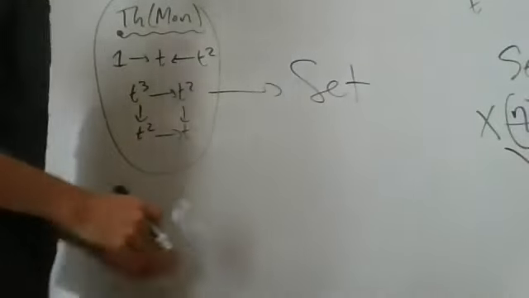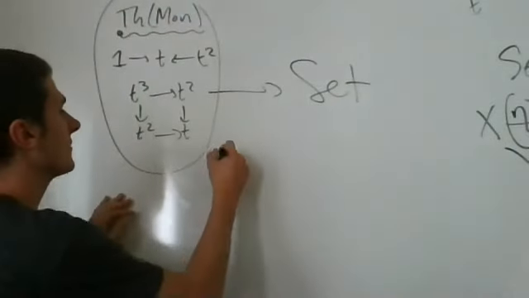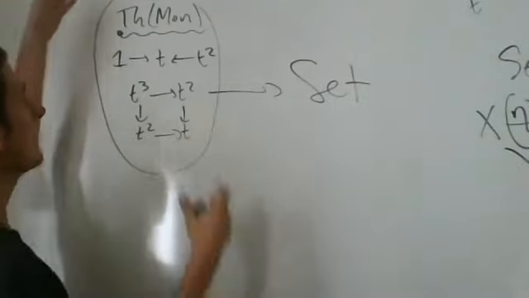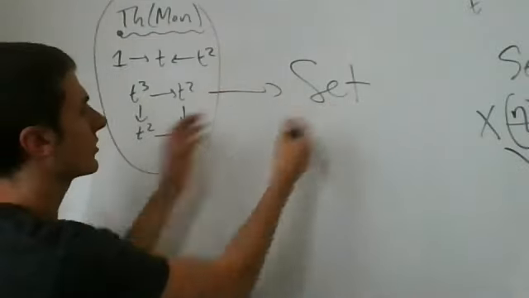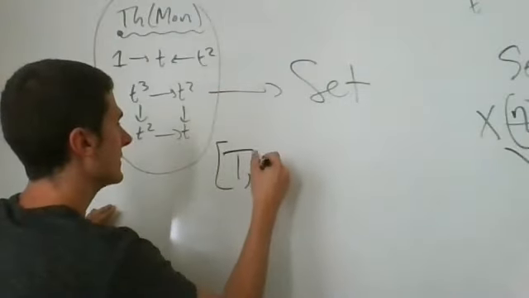So there's a whole category of models, the functor category, from this category back to Set, and you denote it like this.